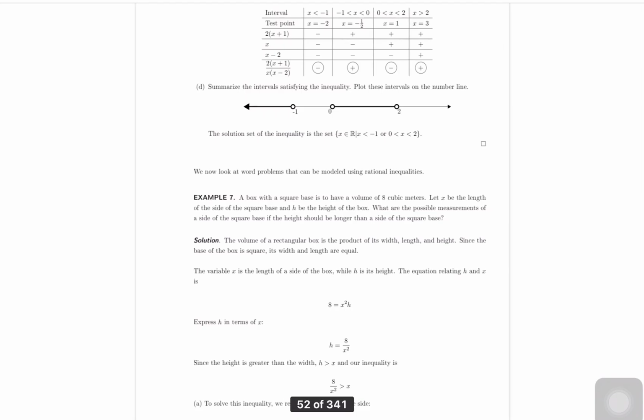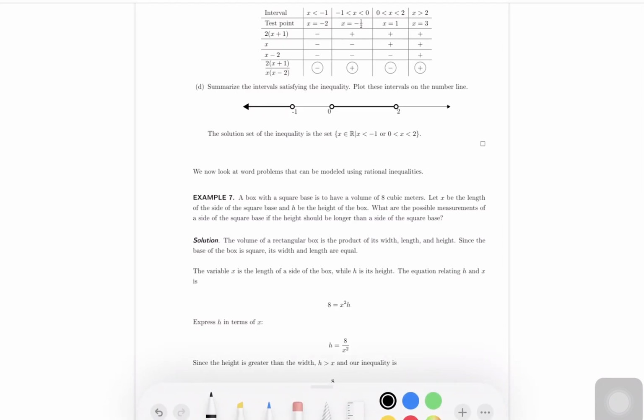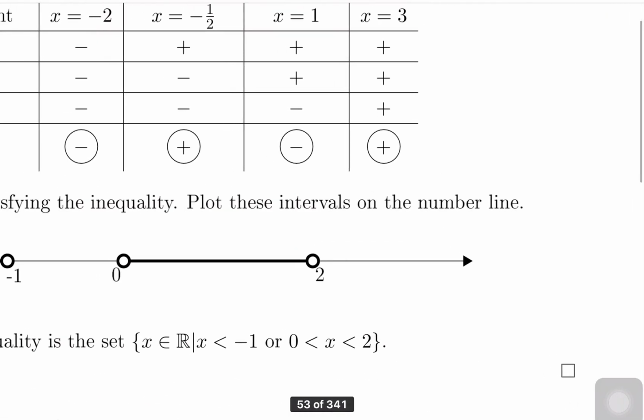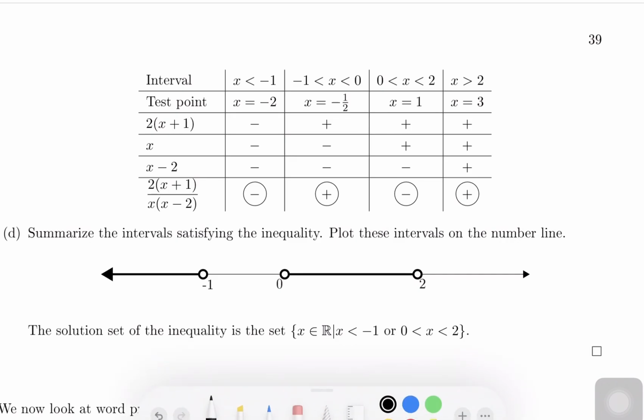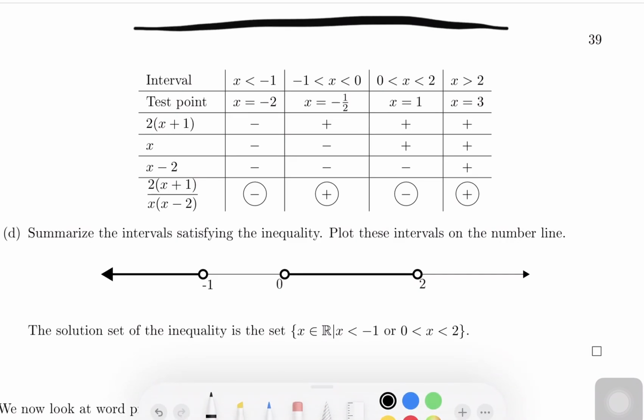Okay, so now we have this, so I will write it. At x less than -1, we can pick a point, right? The intervals are -1, 0 and 2. So we have 4 intervals.